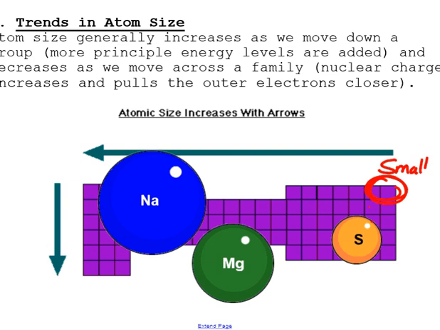The question is, what happens when we're working across the period? So suppose I want to compare sodium and then start moving across to magnesium, and end up moving all the way across to even chlorine.